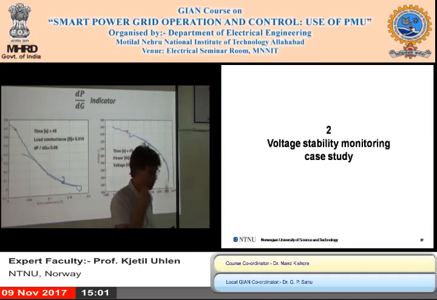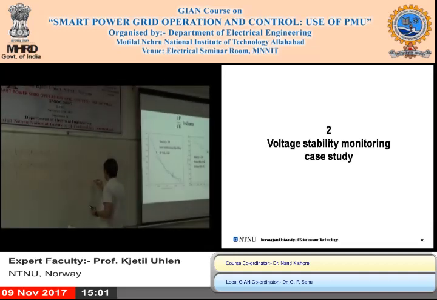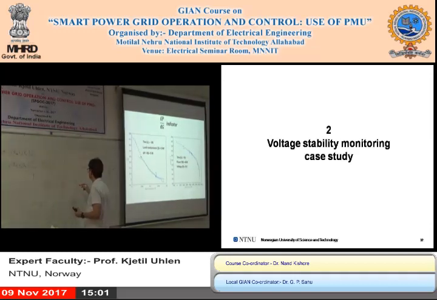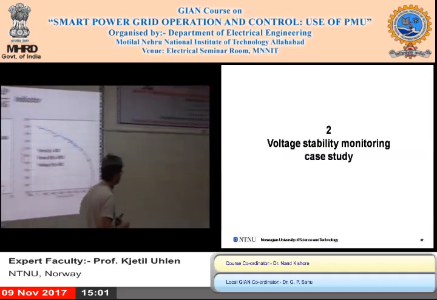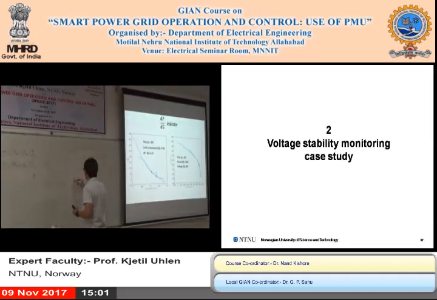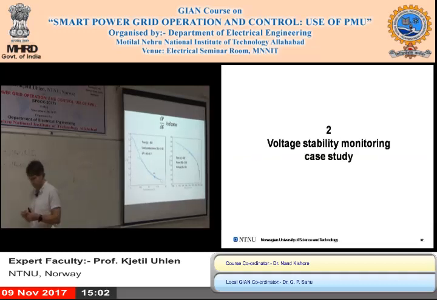Yeah, this is the last one. And this is the one that is reported by Kostas Vournas, where he uses S equals, in principle, and Y is G plus jB. And this indicator is delta P over delta G. That is his version.